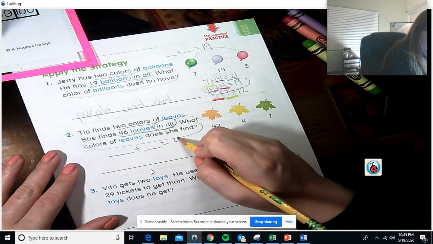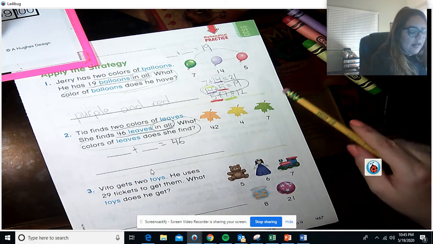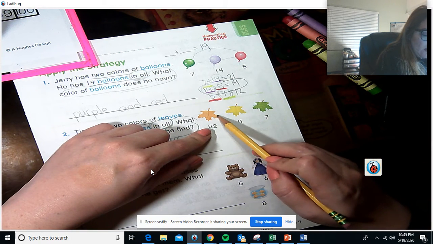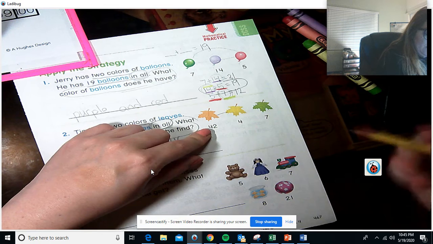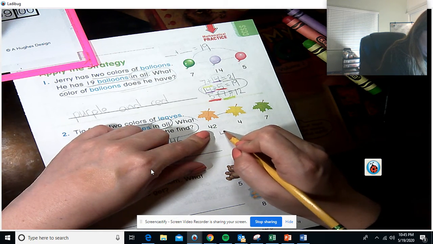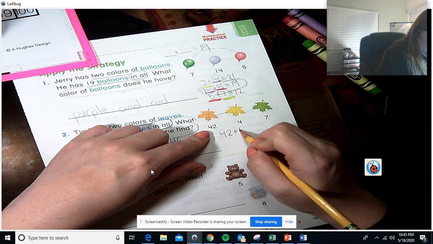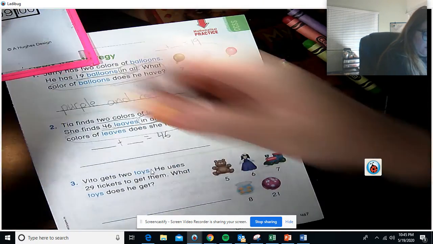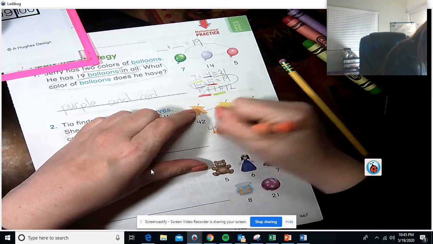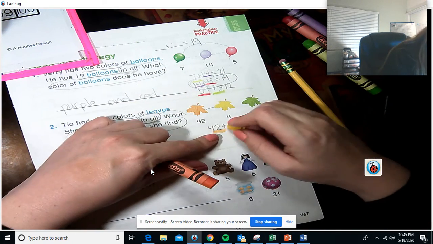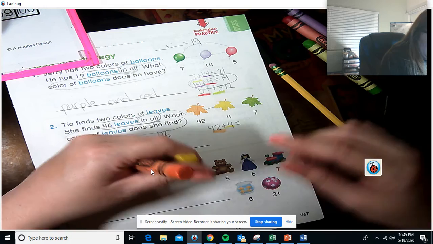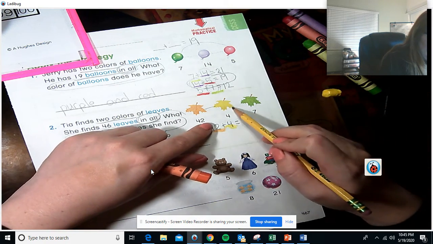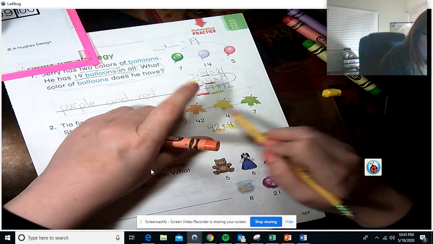46 in all. Okay. And then she only sees two colors, so either it's going to be orange and yellow. So 42 plus 4. So she either saw orange and yellow. Or she saw yellow and green.